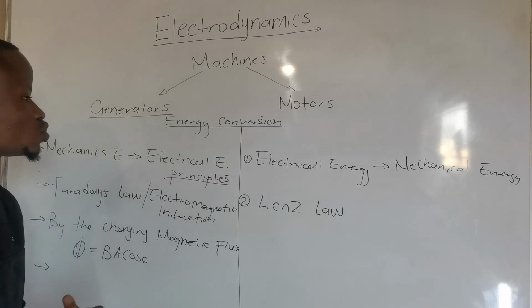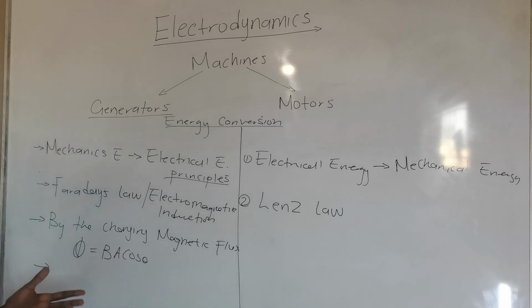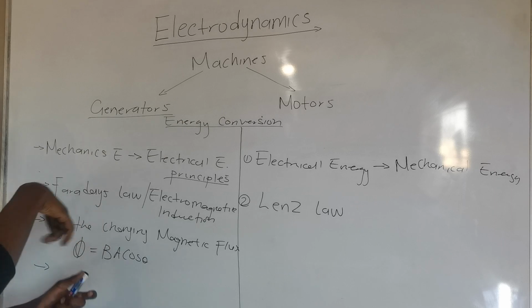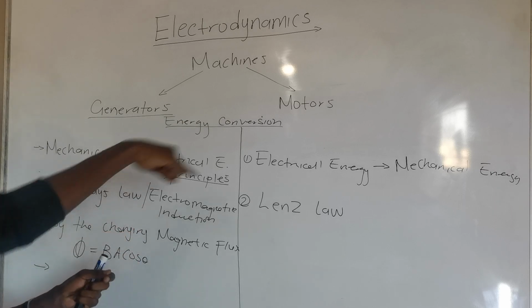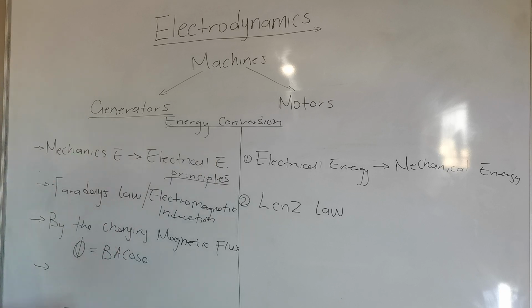Let me not write those ones here because they are not going to ask that. Then increase the number of turns. Remember that the armature, when it's inside the magnetic field, if you increase the number of turns around the armature, the induced EMF or the current is going to be increased.